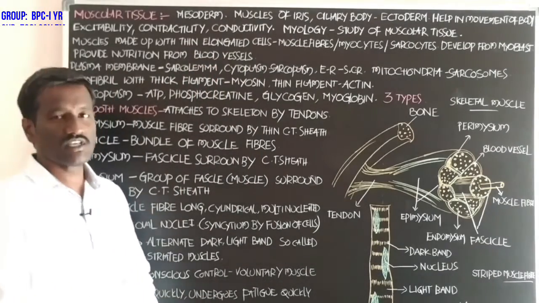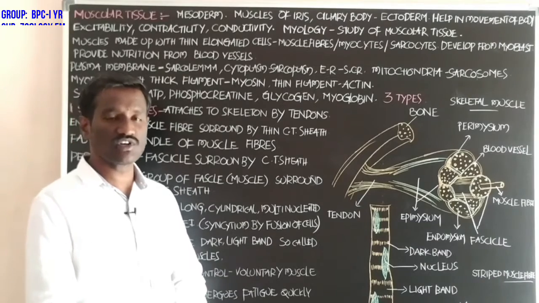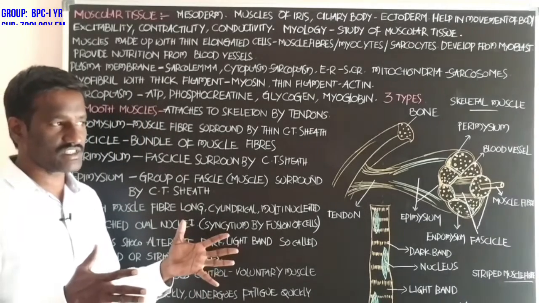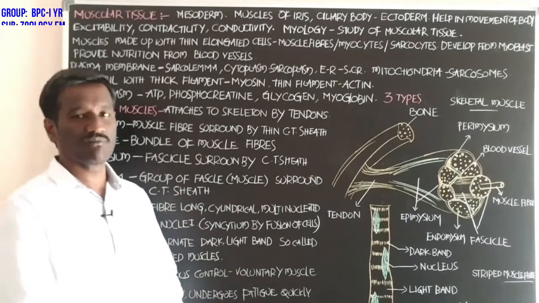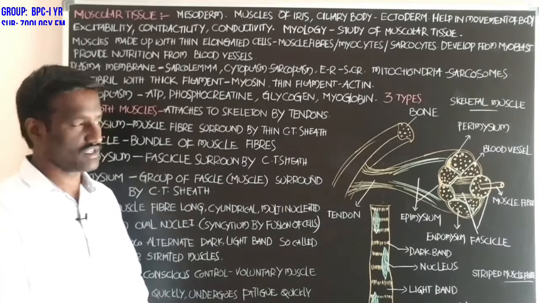The muscular tissue receives nutrition from blood vessels, which extend towards the muscular tissue.